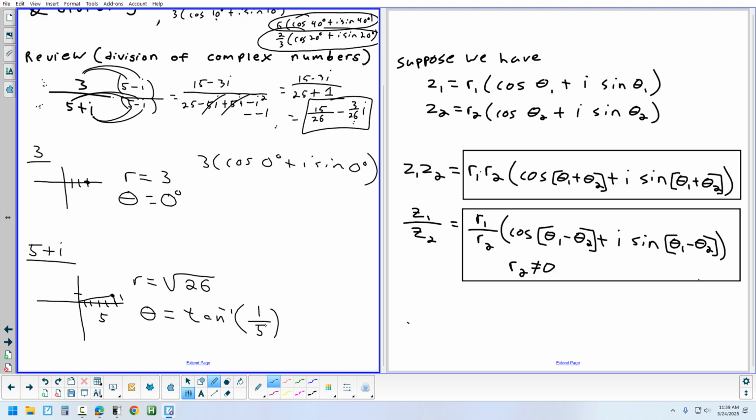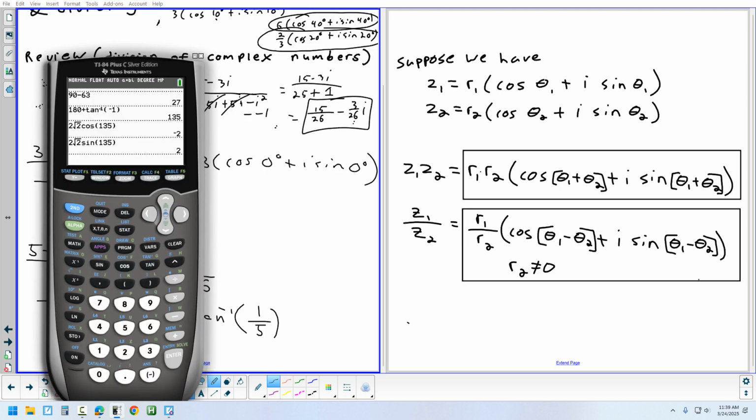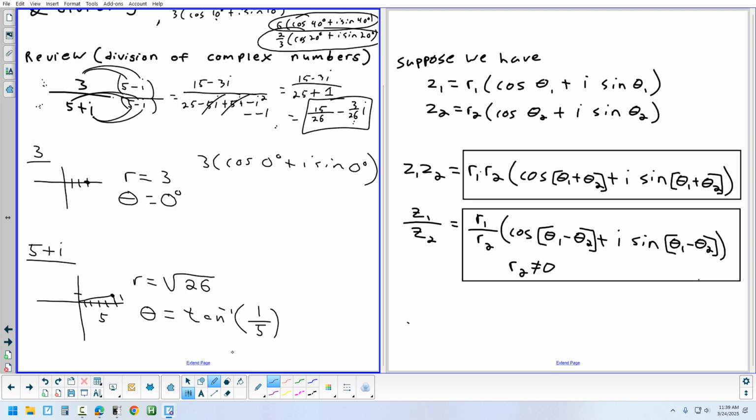All right, so let's get our angle. It's not going to be a nice number. To keep it accurate I'll go 3 decimal places. Actually, I'll do 2, because it's going to round to 11.31. So that's my angle.